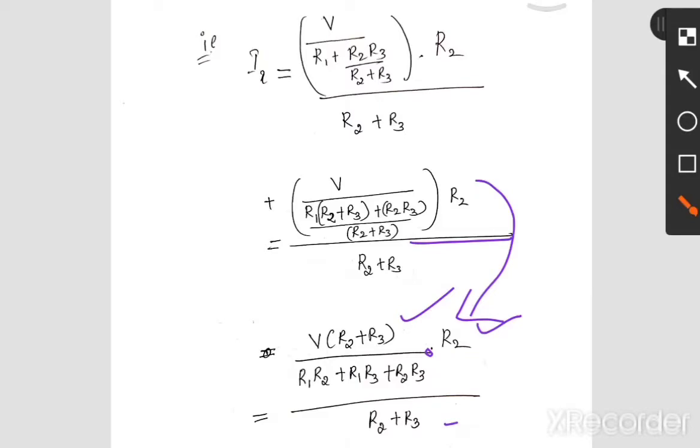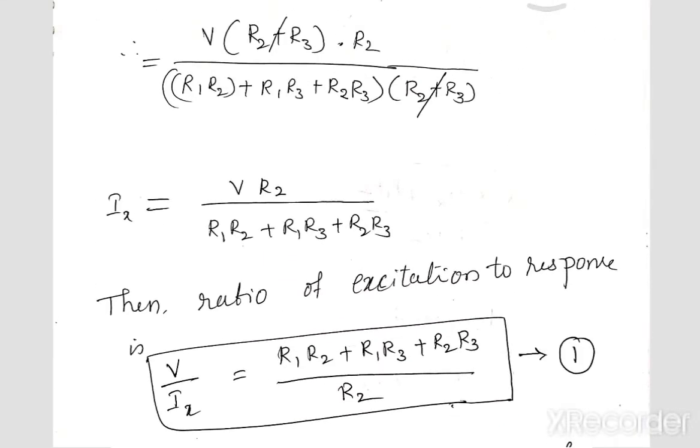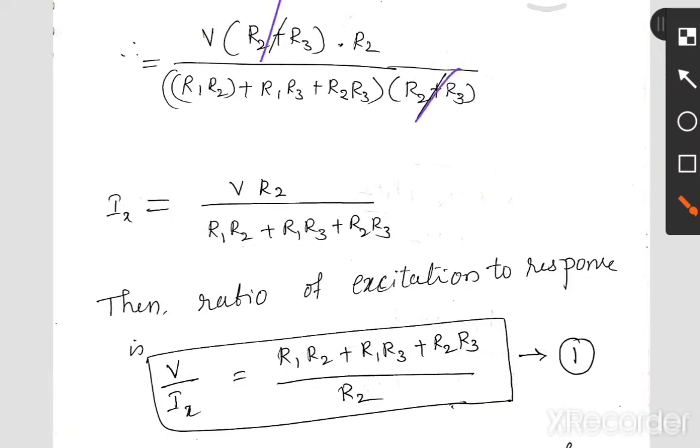Here you can cancel these two, and the remaining terms are V into R2 divided by R1 R2 plus R1 R3 plus R2 R3 in the denominator.